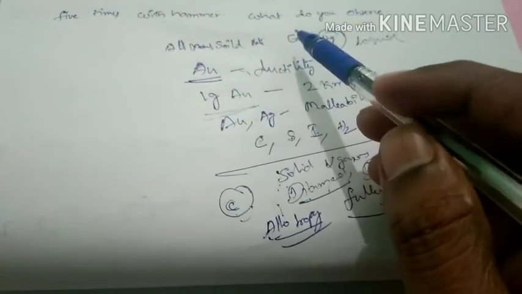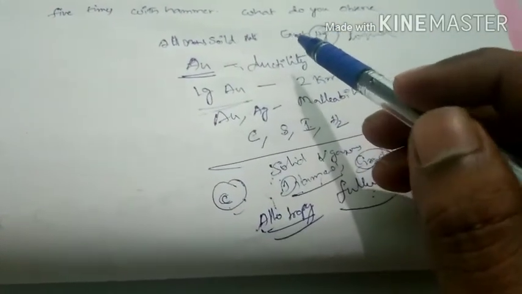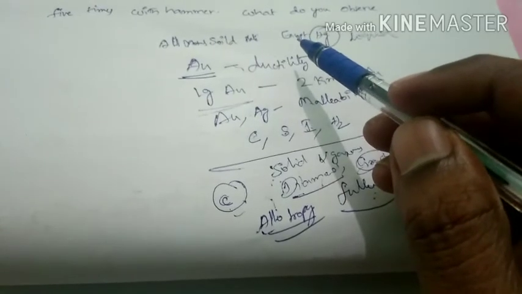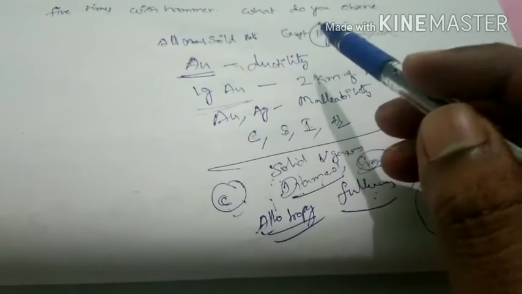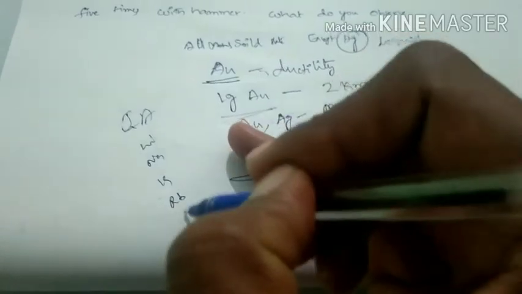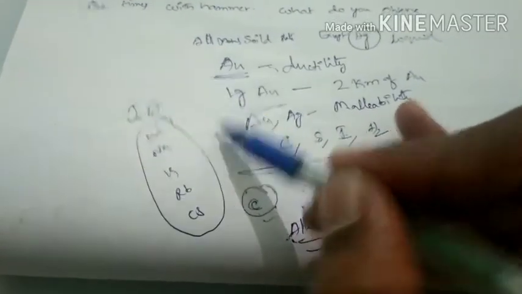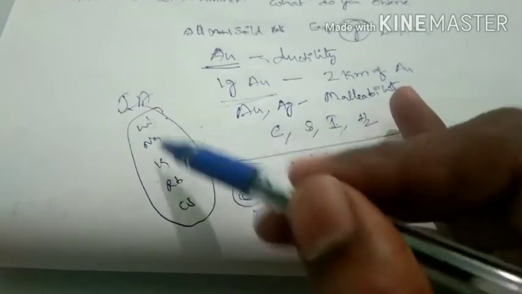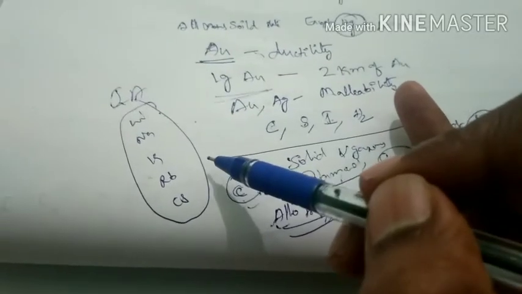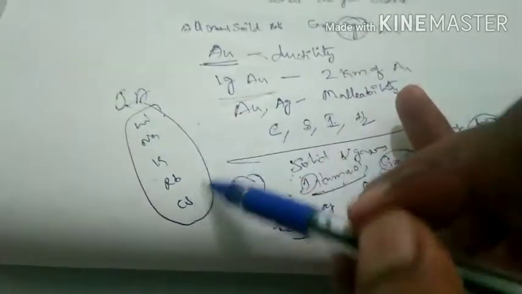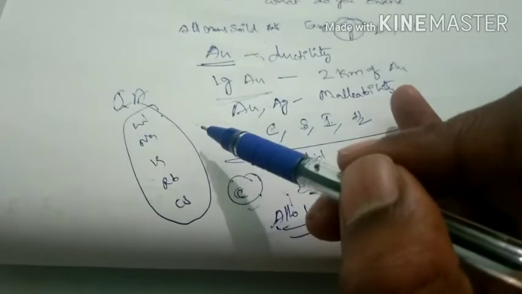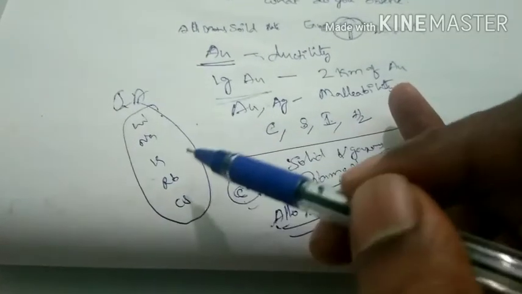In the beginning, I told one point, that all metals have high melting points, but one exception is there. Group 1A elements, that is lithium, sodium, potassium, rubidium, cesium, are all metals present in solid state. But all these metals can be cut with a knife, so they are called soft metals. Why can these metals be cut with a knife?